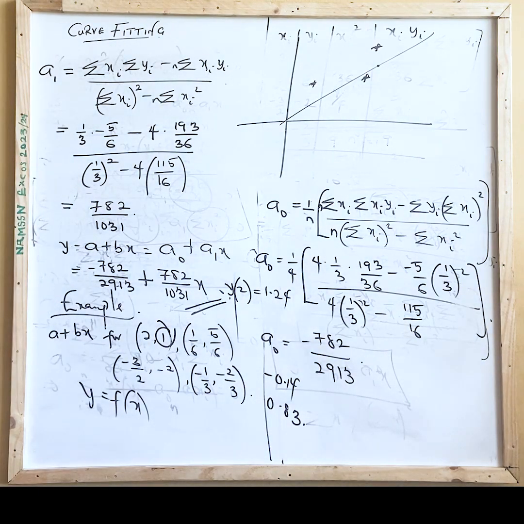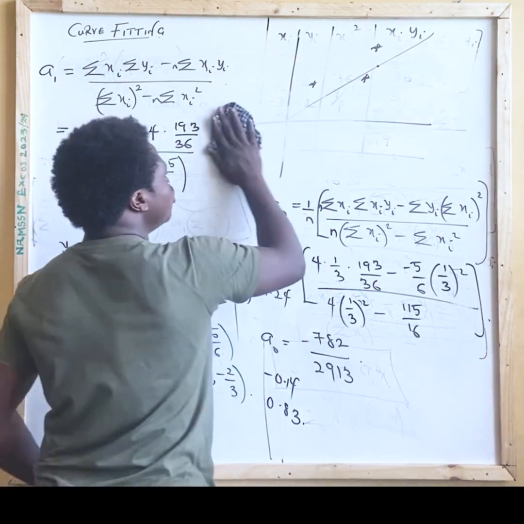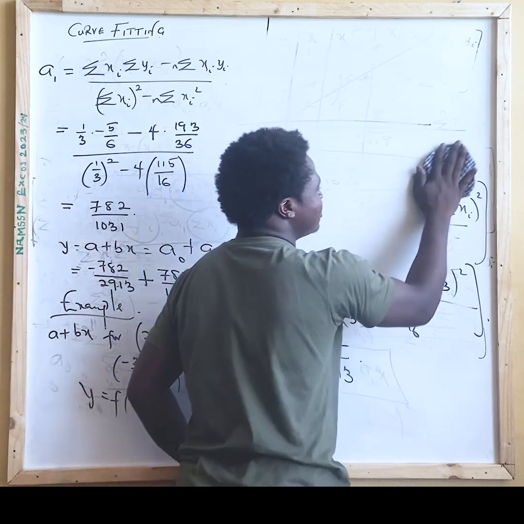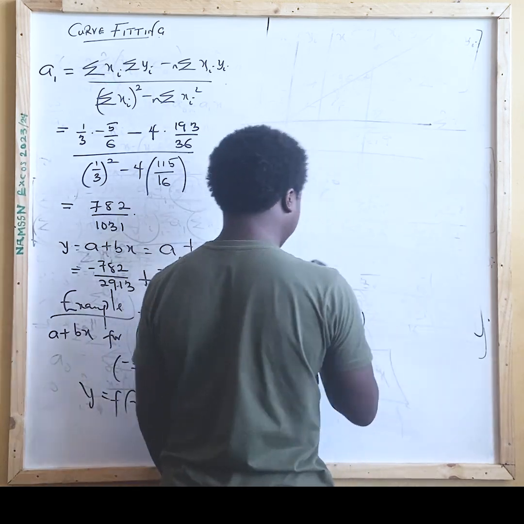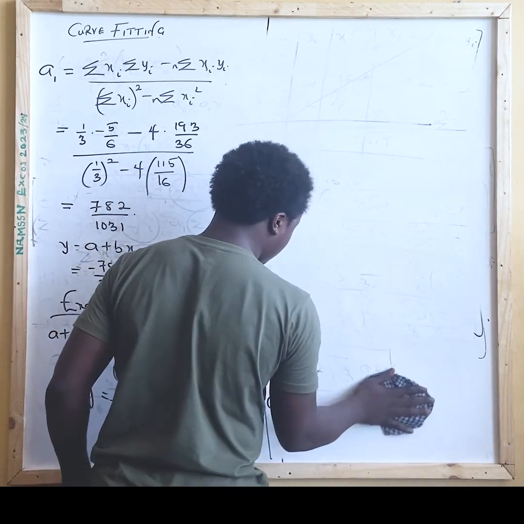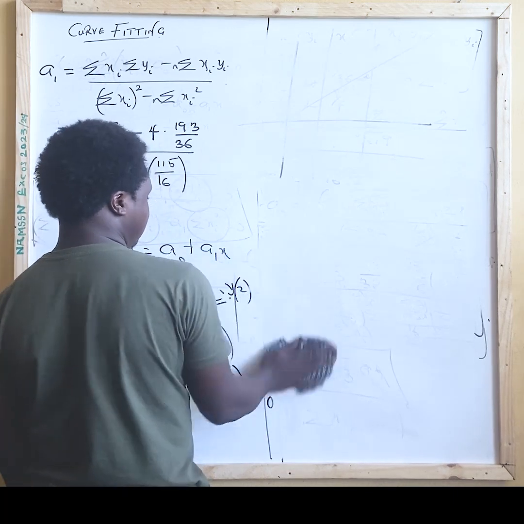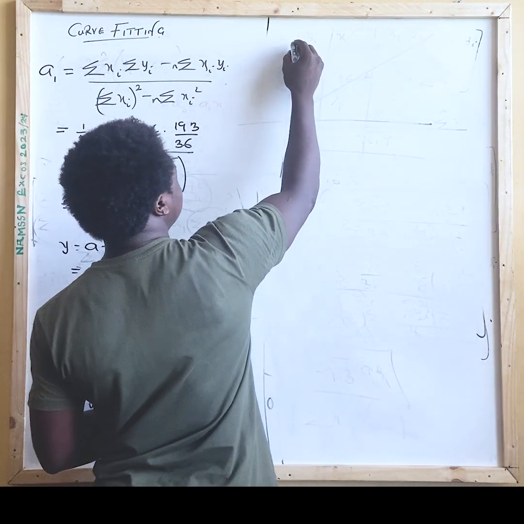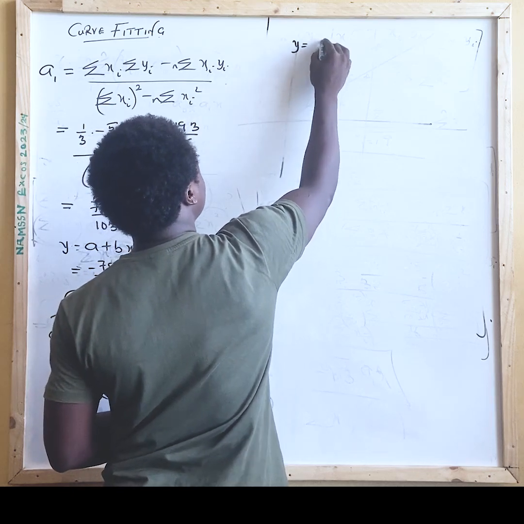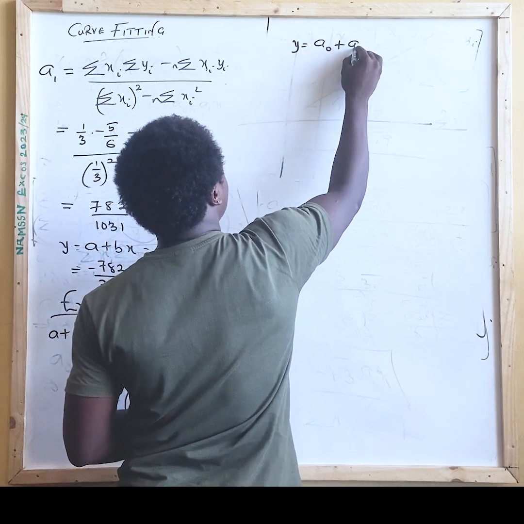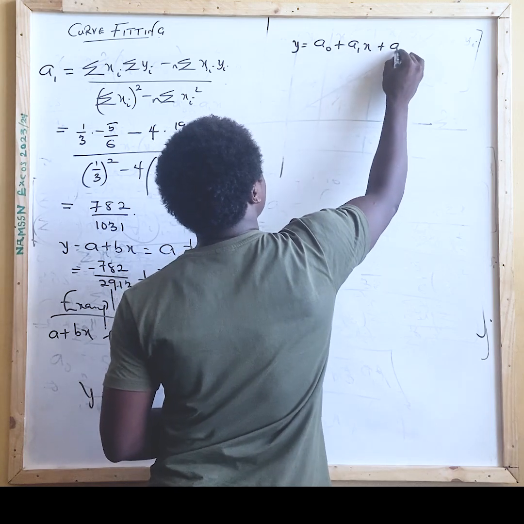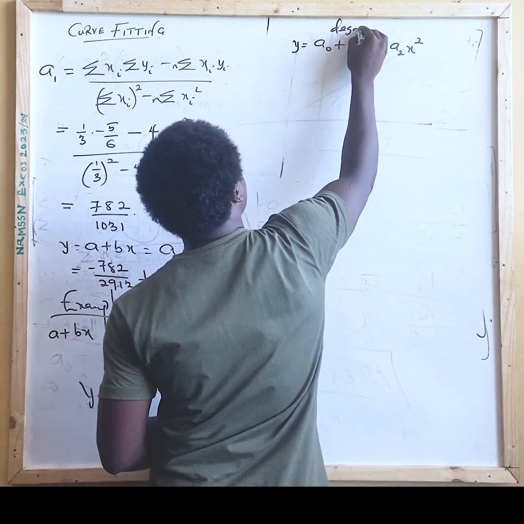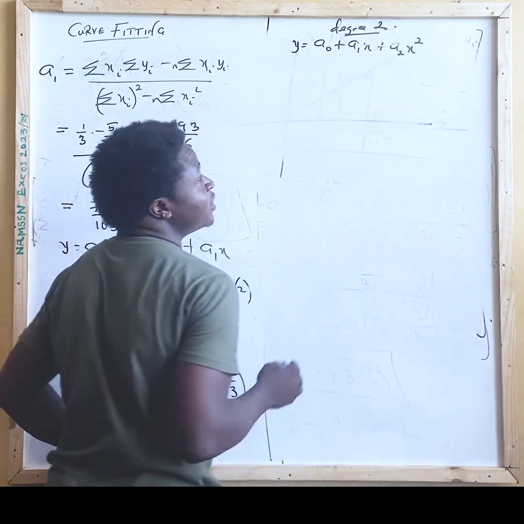Okay. So for a polynomial of degree 2, we are following the same approach, except that for that one, I will not be solving for a0, a1, a2 because I've already said that it is a waste of time. So remember, now we want our y to be equal to a0 plus a1x plus a2x squared. This is for polynomial of degree 2.